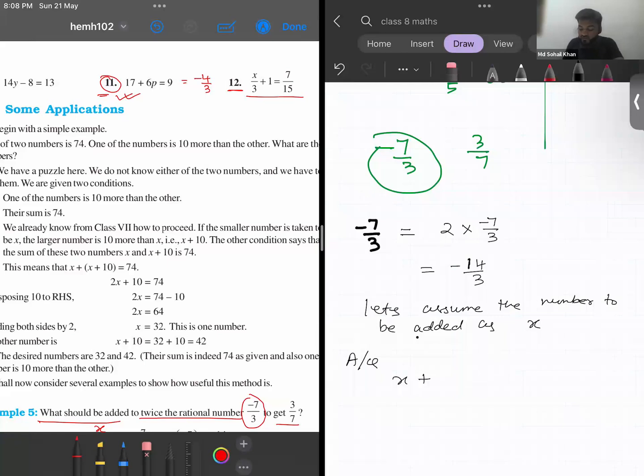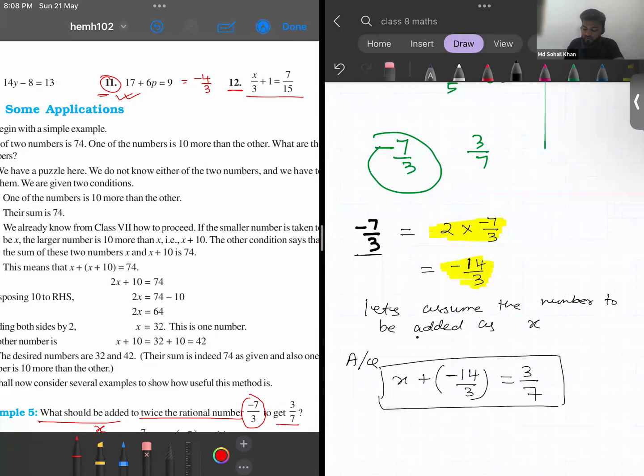Twice of minus 7 upon 3 is minus 14 upon 3 here. So when you add x to this, it should give you 3 upon 7. So we have got our equation, that is the required equation. Now simply you need to find the value of x. How we derive this equation, is it clear?